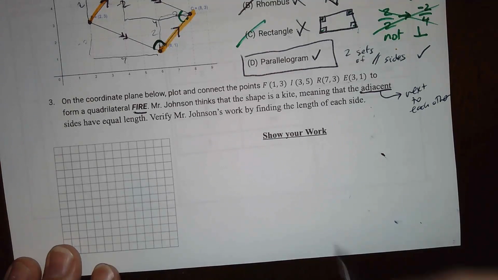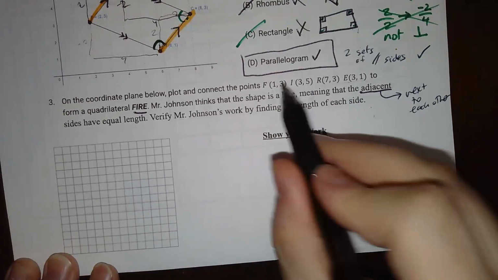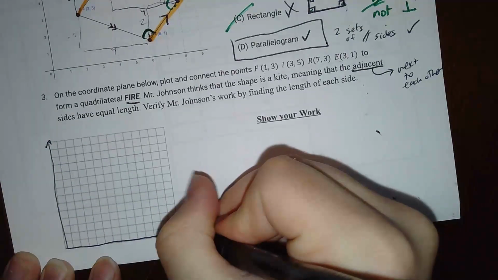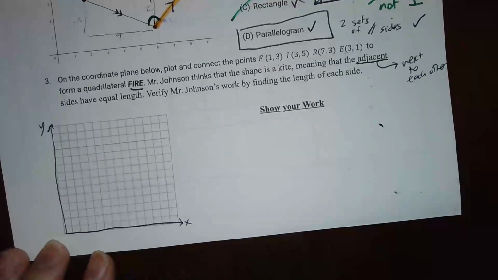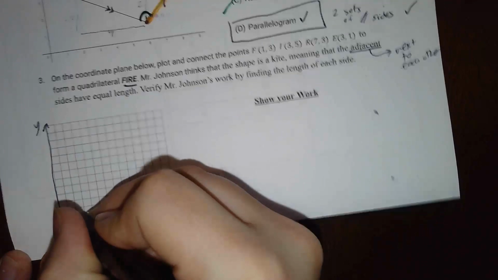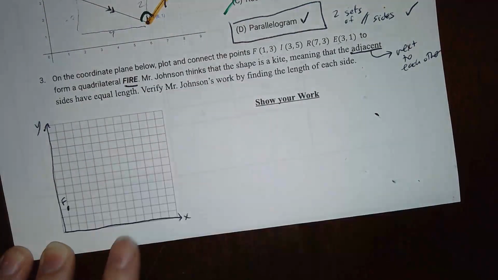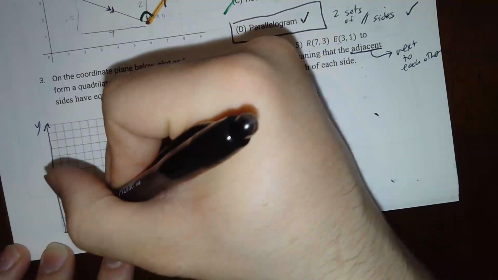So for this one, I'm going to go ahead and plot these points. Since everything here is positive, I'm just going to create an XY coordinate plane with everything being positive. We have 1, 3. That's F. We have 3, 5.